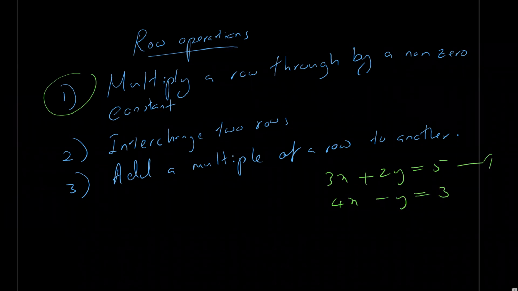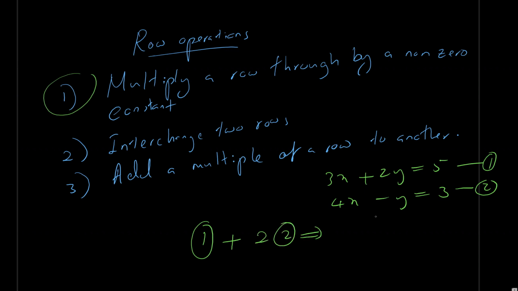Remember, in the beginning of the video I did something like this. I wanted to get rid of y, so twice 2, and I get... See what I am doing here, adding a multiple of one equation, so in the matrix world it becomes a row, to another. So thereby I get my solution.